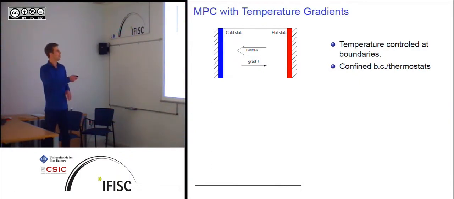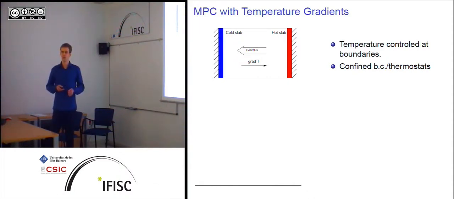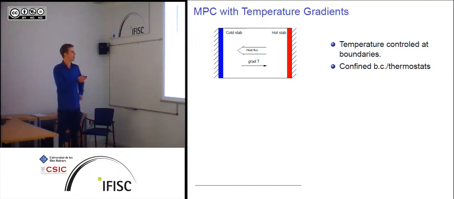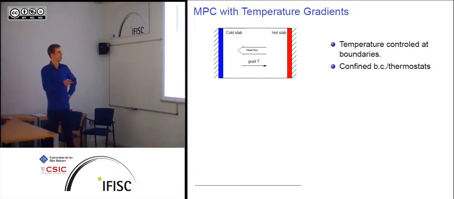And we have tried to impose several boundary conditions, or several different methods to apply boundary conditions. And so first we have started to control the temperature by applying thermostats just at the boundaries of the system.